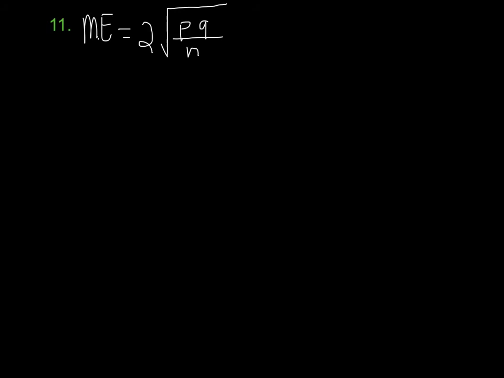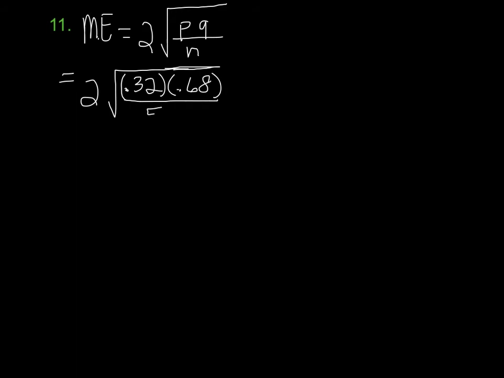So, to find our margin of error, we would do 2 times the square root of, now we want the proportion of our successes, which would be our mean, which would be 0.32. Now remember, q is just 1 minus that 0.32, so that would be 0.68. And then n stands for, in this case, our sample size, and the sample size they gave us was 50.